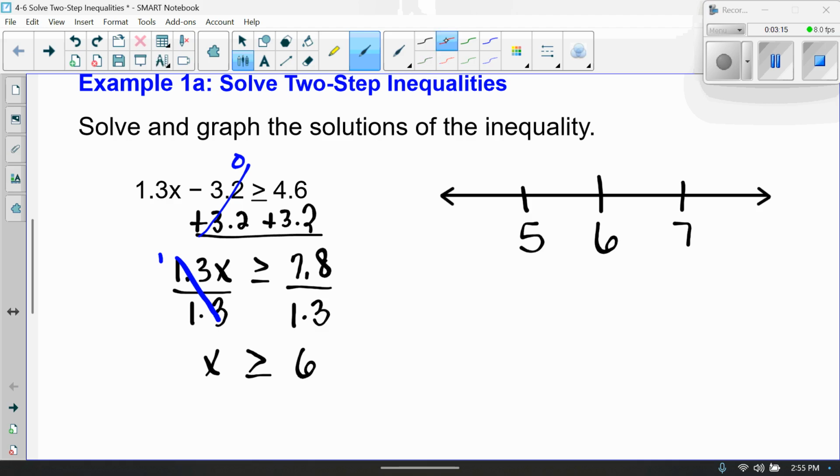Closed circle, because it has the or equal to. Is everybody clear with that? So it has the line underneath. It has the or equal to. So that means 6 is included in the solution. So we need to put a closed circle. And what side of the number line do we shade? To the right. Very good.